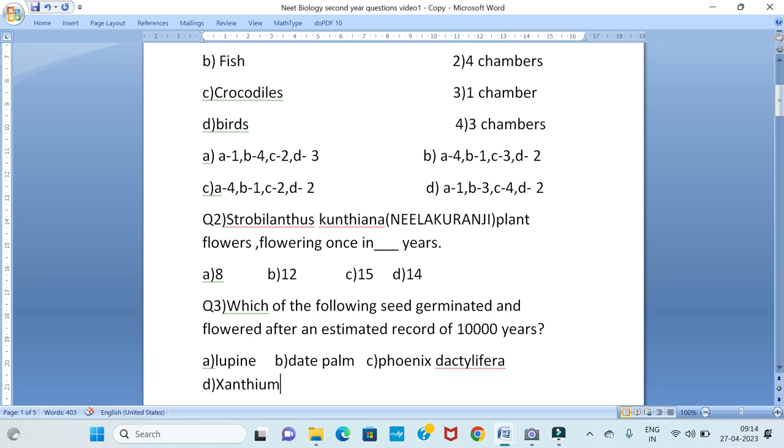Some dormancy seeds, because of the weather conditions being good, then it flowered, it grew and germinated. So, what is the answer? Lupin, date palm, Phoenix dactylifera, Xanthium. These belong to the dormancy flowering plant seeds.